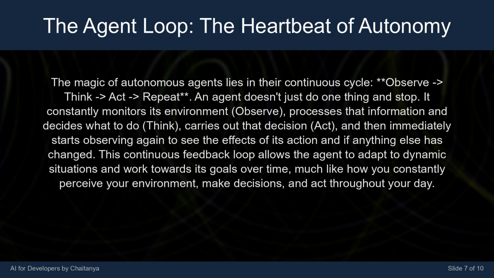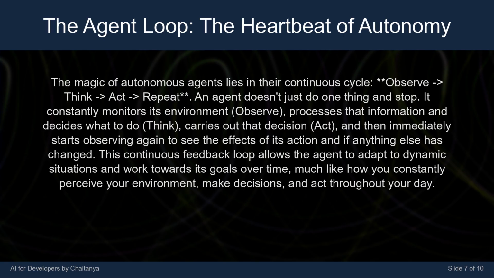The magic of autonomous agents lies in their continuous cycle. Observe, think, act, repeat. An agent doesn't just do one thing and stop. It constantly monitors its environment: observe. It processes that information and decides what to do: think. It carries out that decision: act.